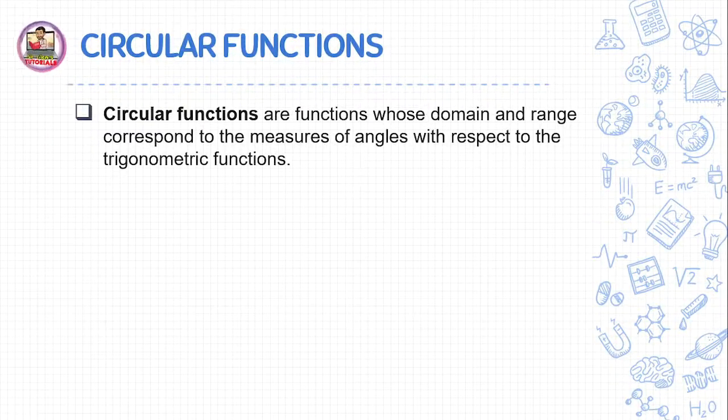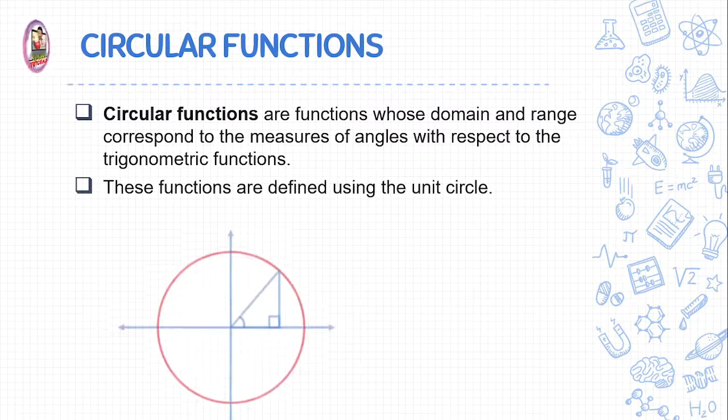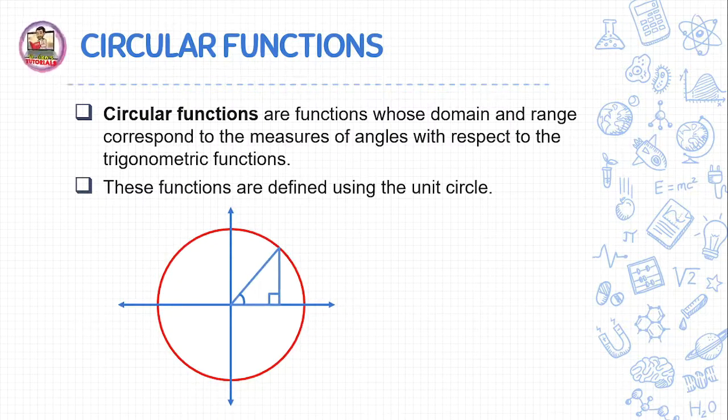So we have circular functions. Circular functions are functions whose domain and range correspond to the measures of angles with respect to the trigonometric functions. These functions are defined using the unit circle. So we have this unit circle. By definition, a unit circle is a circle whose radius is always equal to 1.